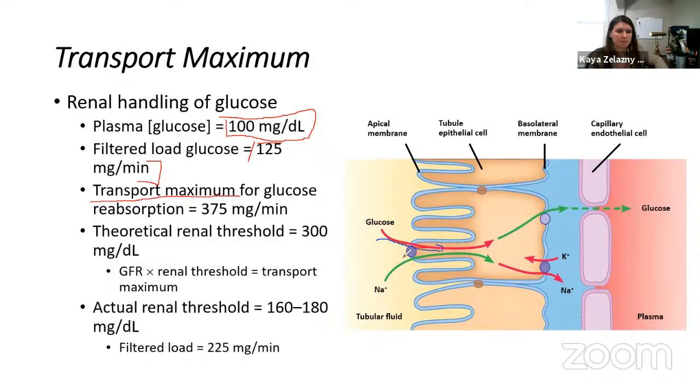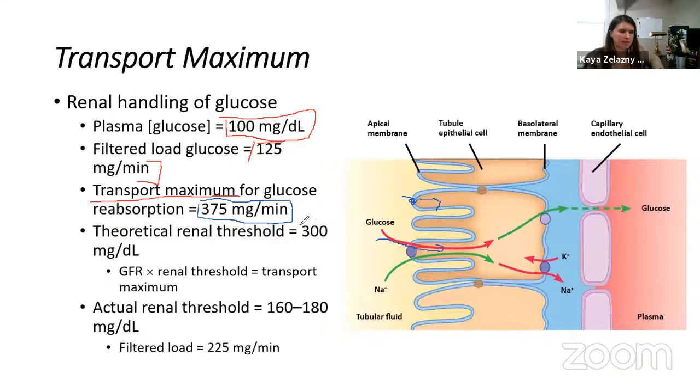But if we were to fill up every one of these carriers, right, we could have another one here, right, glucose coming in, but they're all full, that would be our transport maximum. And the theoretical transport maximum, where every one of those carriers is used, is 375 milligrams per minute. So if your blood glucose was at 375 milligrams per minute, that's when theoretically you would start to see spillover into the urine.